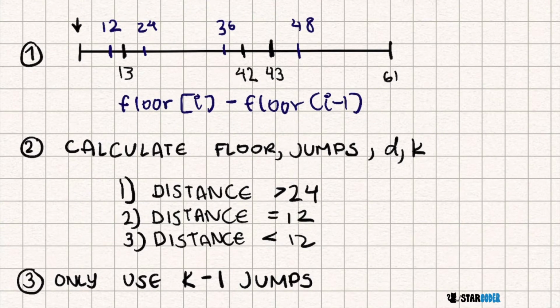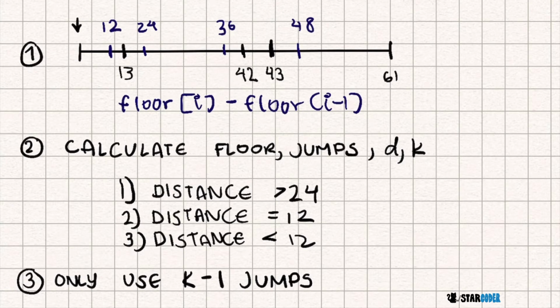We're going to update the value of jumps to floor I minus 1 minus 12. The reason this final 12 is here is if we were simulating it out exactly, we would start here, and then floor 13 would be 12, and then we would have to wait 12 years to reach 24, and then we could jump portals.